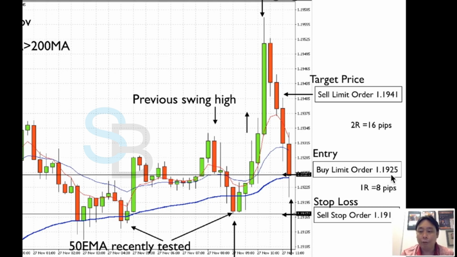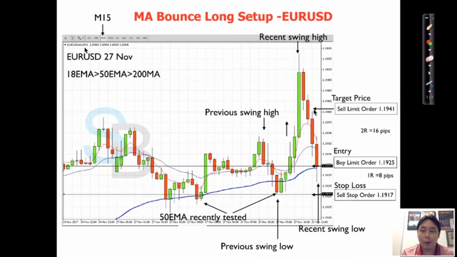So it's 1925 plus 16. That gives me 1941, which is somewhere here. And you can see that my profit target, which is here, is way below the recent swing high. So in other words, I have a lot of buffer. If I had placed my stop loss further down, my profit target would be higher, right?